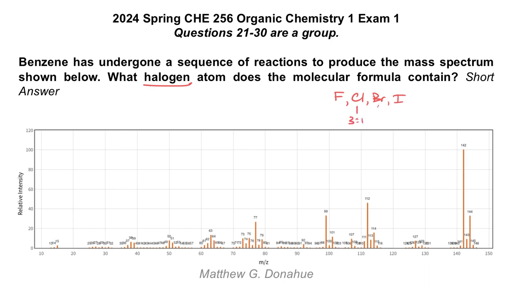Chlorine has a 3-to-1 ratio, bromine has a 1-to-1 ratio, and what you're looking at is the heights of these peaks. So that's clearly not 1-to-1, so it's 3-to-1, so the answer is chlorine.